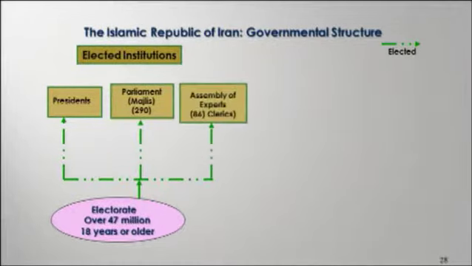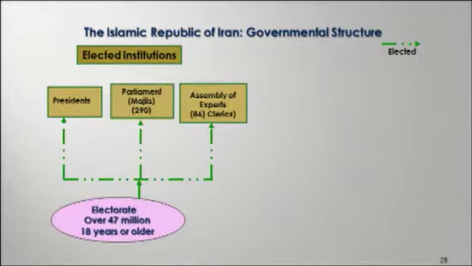And then finally, the one that I mentioned several times before, the Assembly of Experts is also an elected office. So I want to talk a little bit about the Assembly of Experts. It consists of 86 theologian clerics. Its members are directly elected by the electorate, so it gives the appearance of a direct election.